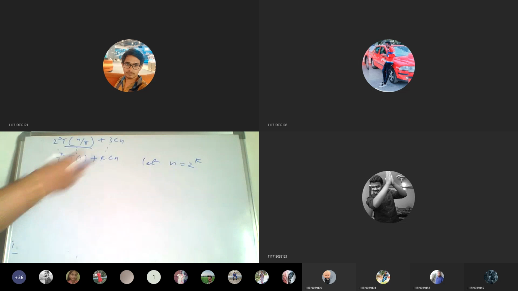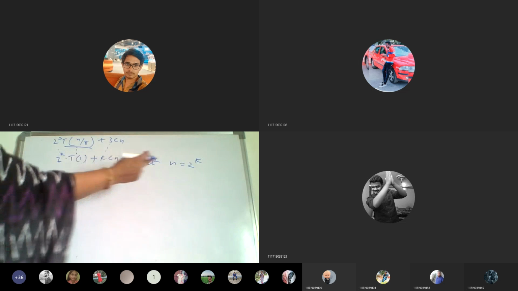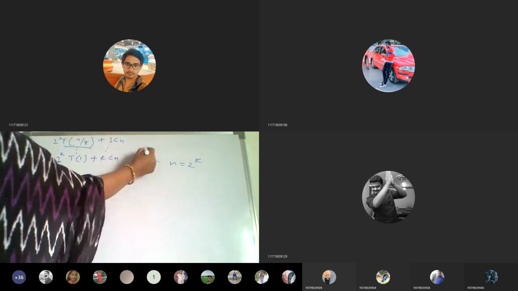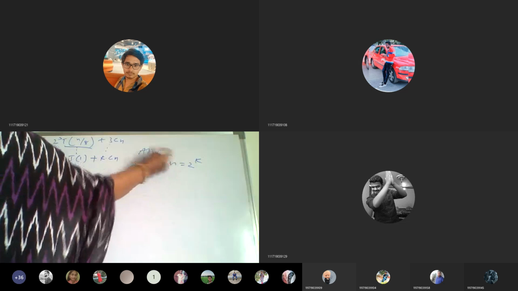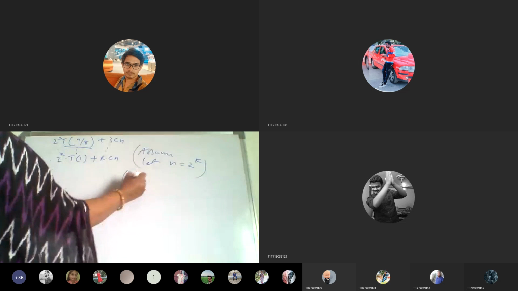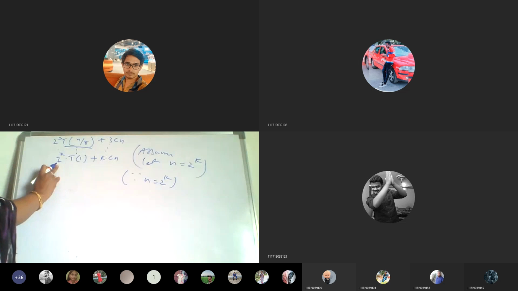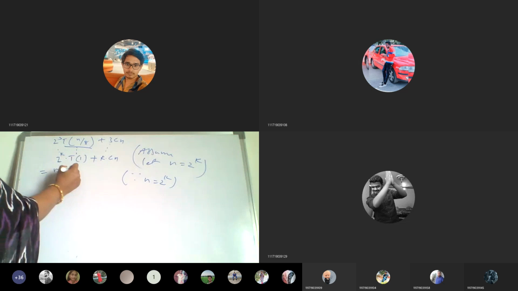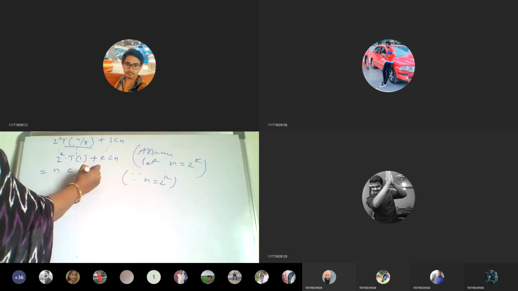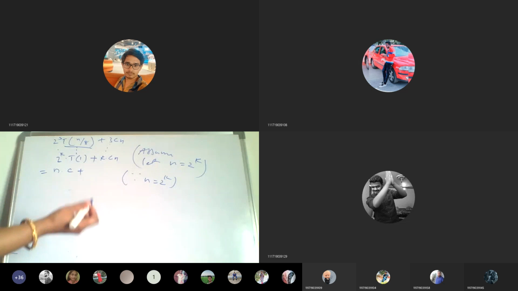So in that procedure, we take n is equal to 2 power k, since it depends on the height of the tree. So by substituting those values, 2 power k is nothing but n, so this is our assumption. Okay, and since n is equal to 2 power k, here 2 power k is n into T of 1, which I told you is some constant, plus, and what is the k value?